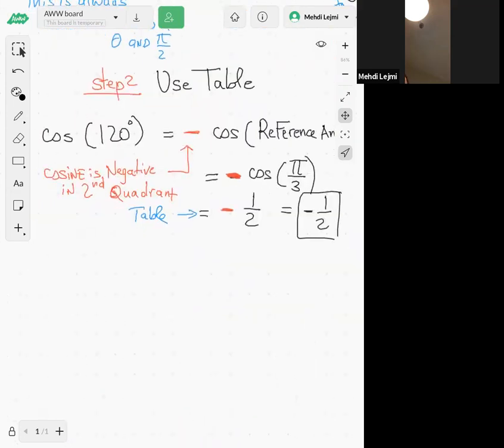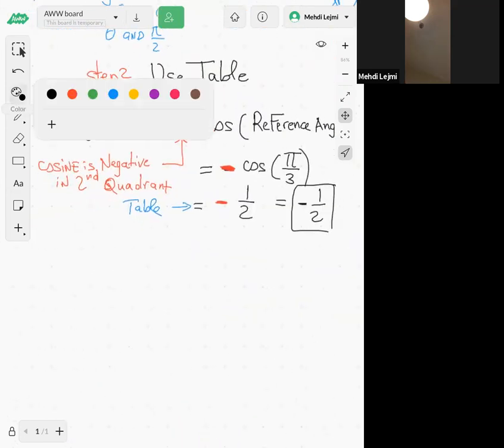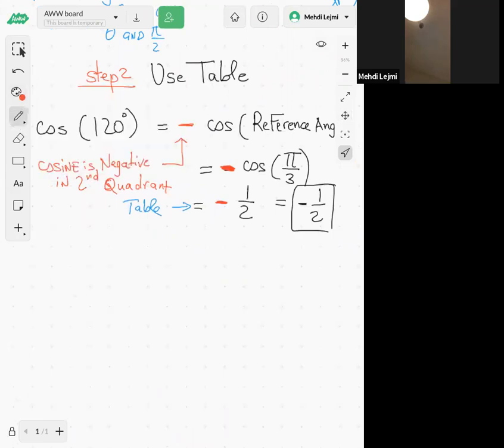Now, let me write here the formula for the reference angle, angle theta prime.